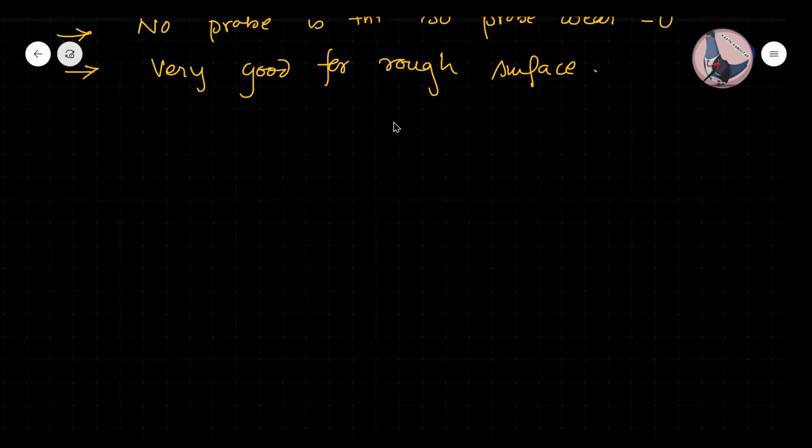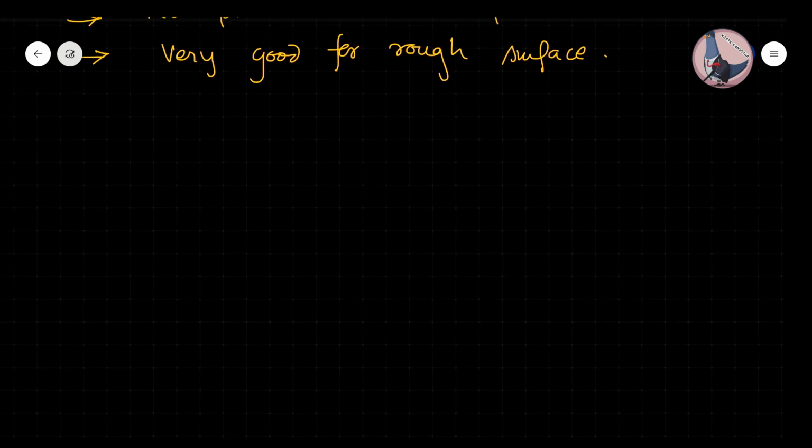And then there is the second type, which are the vision probes. In vision probes, we use a very high speed. A camera is used, and it generates a multitude of measurement points within a single video frame.